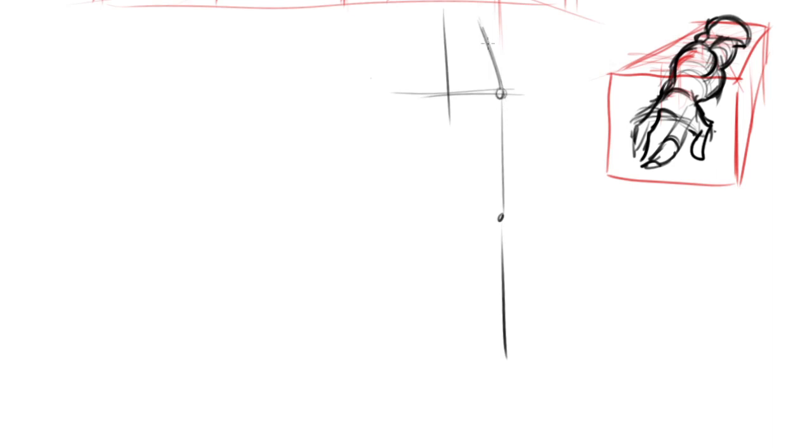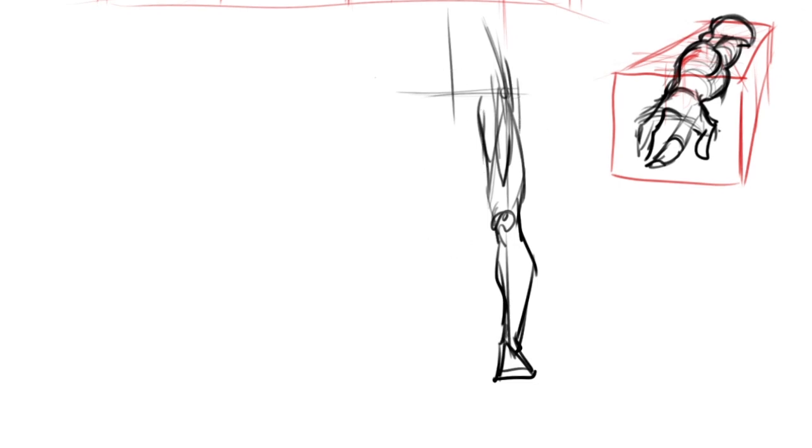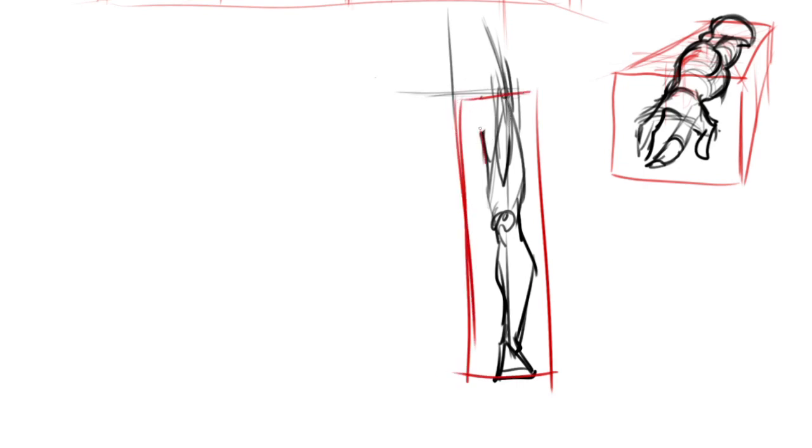So this is the greater trochanter of the thigh, the bony landmark at the outside of the bottom of the hip where the thigh attaches. We'll just build some mass on there so we can start to see the anatomy. We got the calf muscles. We got the foot right there. And I'll cast this whole thing into a, let's see. Oops. We got the groin kind of right there.